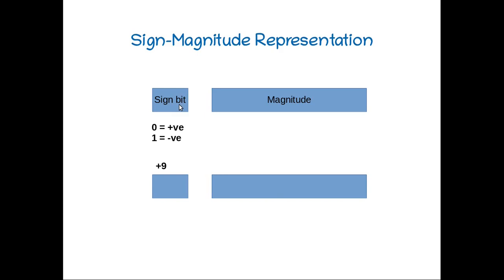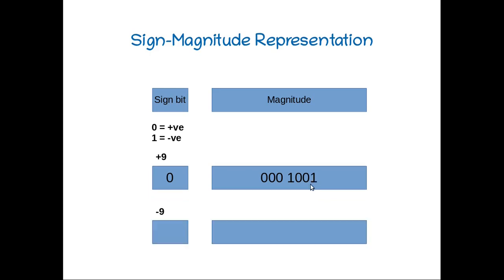For example, to represent plus 9. This is a positive number, so the sign bit will be 0. And the magnitude will be represented like, assume that we are using 8-bit representation. So 7 bits are used for magnitude and 1 bit for sign. So 0 0 0 0 0 1 0 0 1. This is the magnitude, that is the binary equivalent of 9.